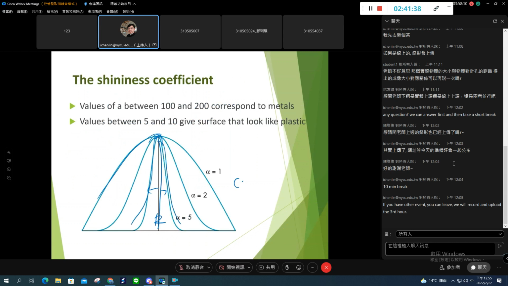Usually we can say if your alpha is close to 5 to 10, it will look like plastic. However, if it is larger, say your alpha is 100 to 200, it can represent some metals such as stainless steel or iron, right?